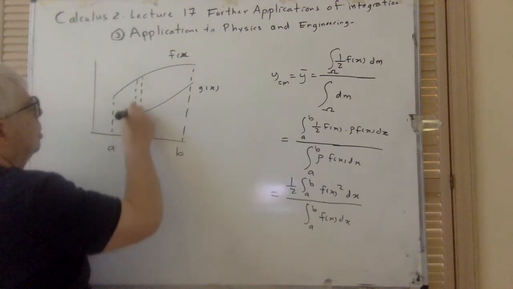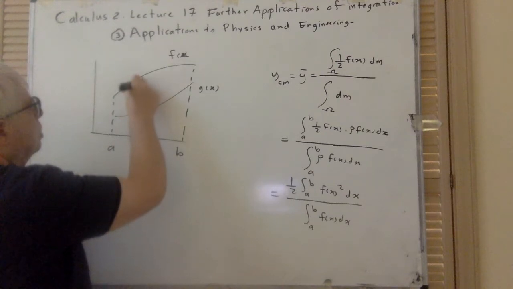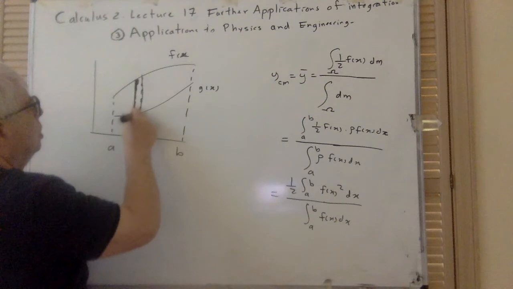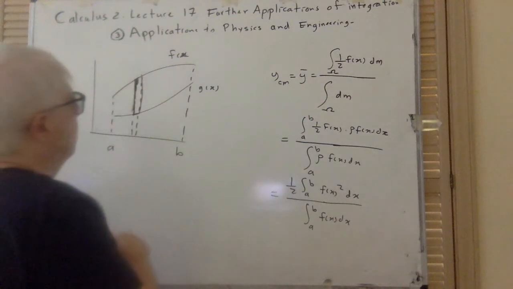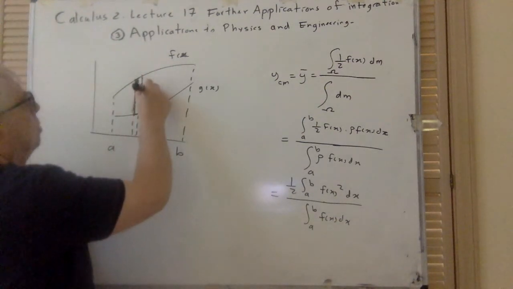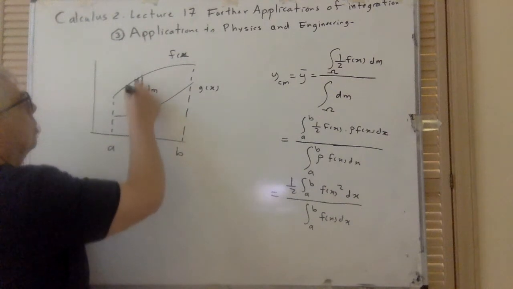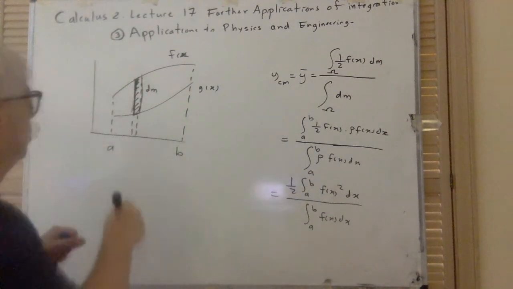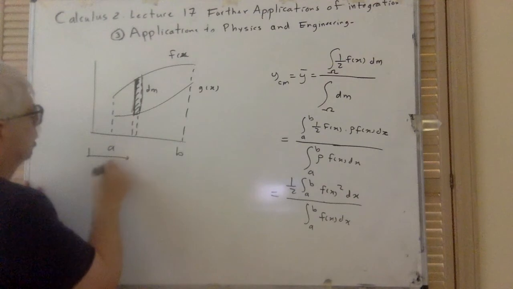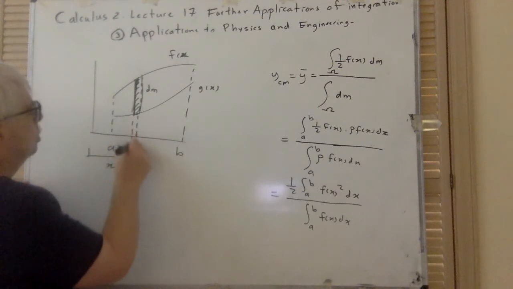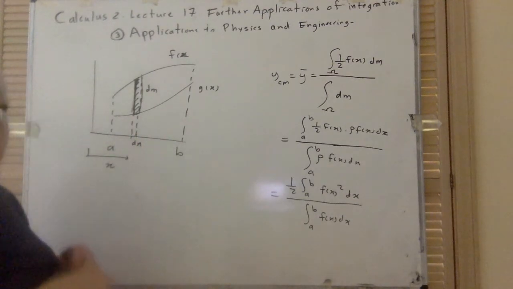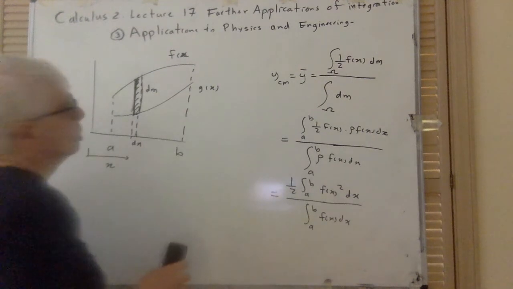So my dm is this. This is the dm. And this is x, and this small width is dx.